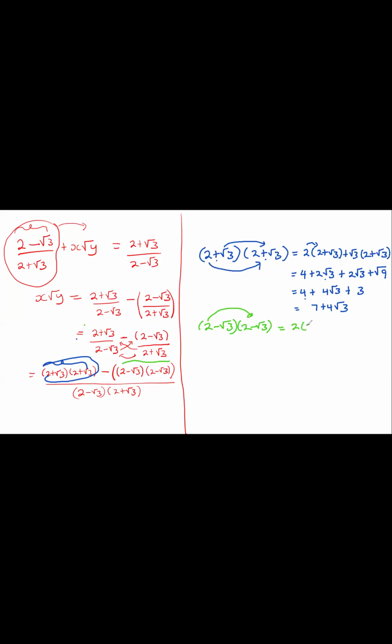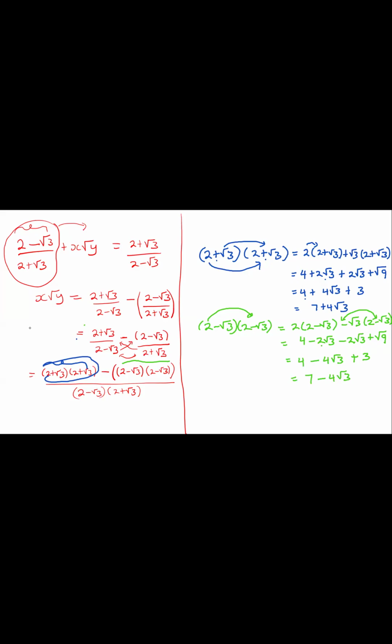So I'll have 2 into 2 minus root of 3 minus root of 3 into 2 minus root of 3. So I open the brackets. I'll have 4 minus 2 root of 3 minus 2 root of 3 plus root of 9, because a negative and a negative will give us a positive. So 4 minus 2 root 3 minus 2 root 3 gives us minus 4 root of 3, then plus the 3. Root of 9 is 3. So this gives us 7 minus 4 root of 3. So here we shall put this.